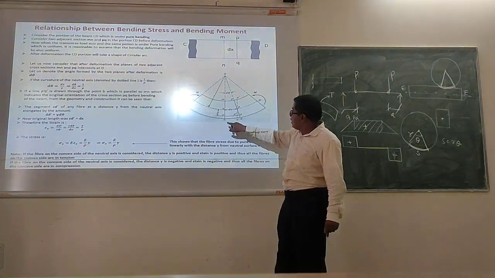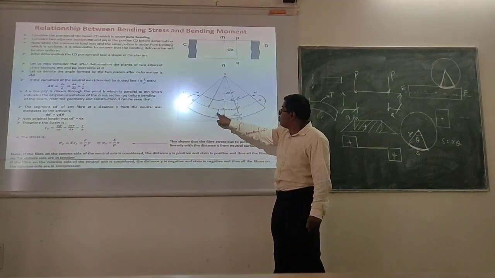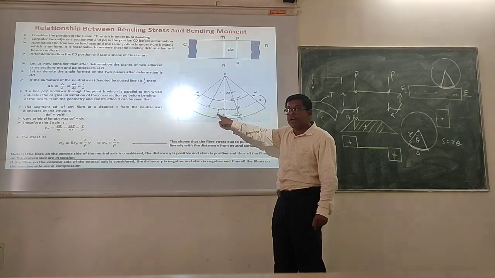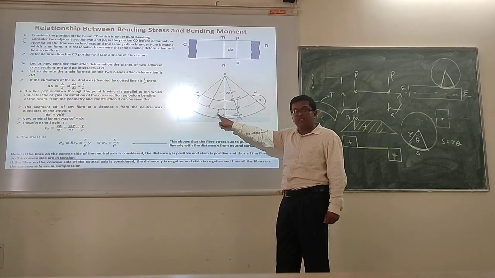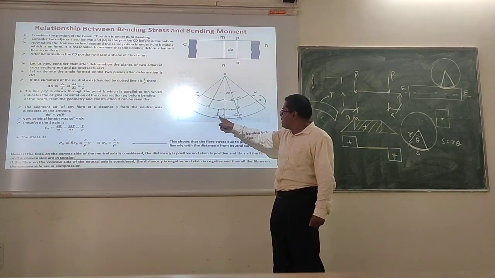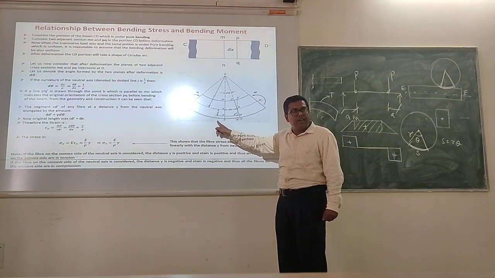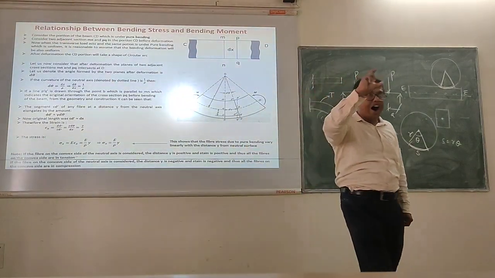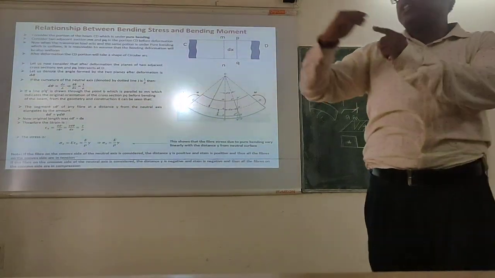Now let's say this D dash point is at a distance y from which position? This y is from which? Neutral axis CD, right? So this D dash is the extension at a position which is at a distance y from the neutral axis.